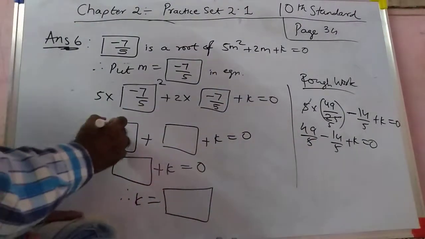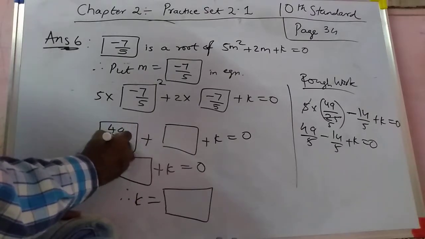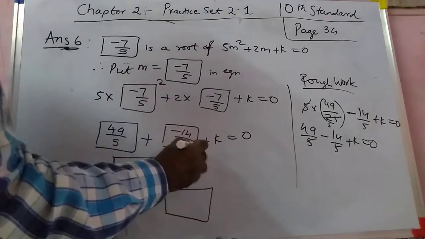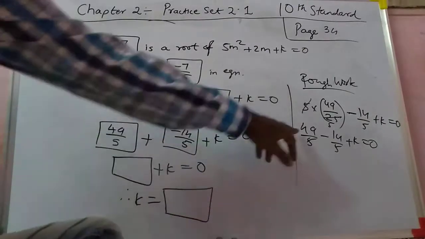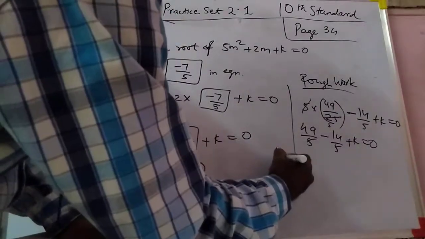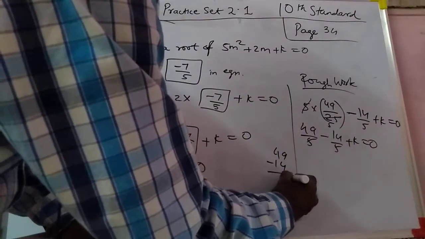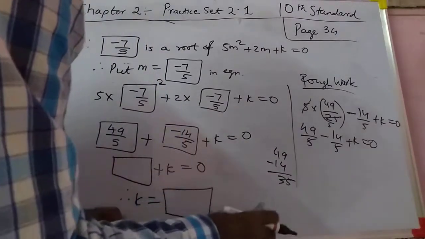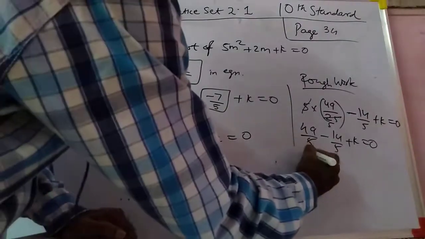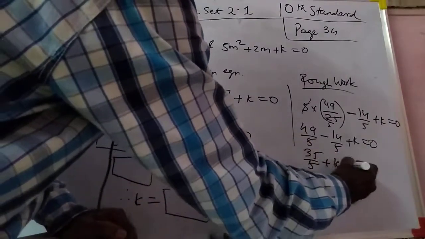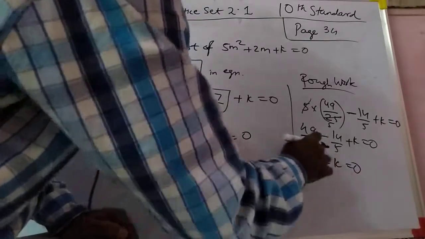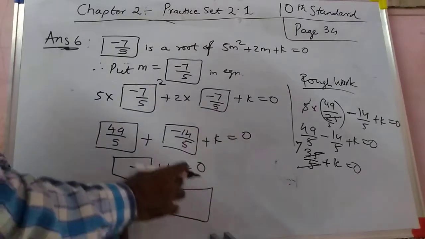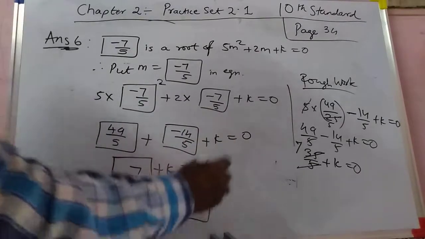Now you have to subtract this, okay. It is 49 minus 14. That will become 35, okay. So that will become 35 upon 5 plus k is equal to 0. You can cut this 5 into 7, so that will become 7 plus k is equal to 0. Therefore k, it will go that side, because it is plus, it will become minus 7.